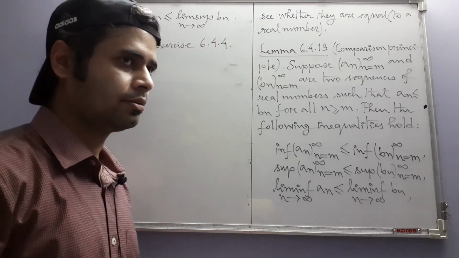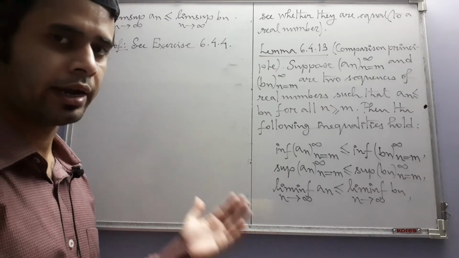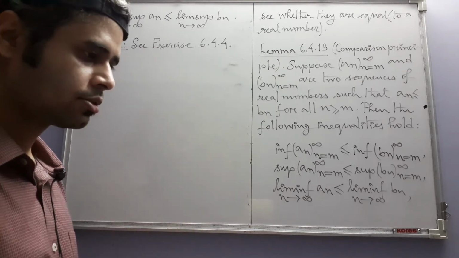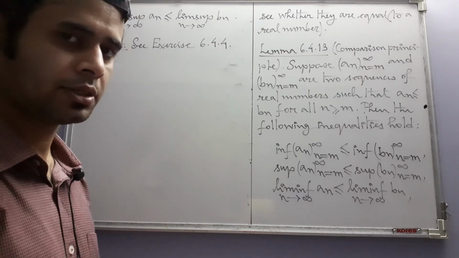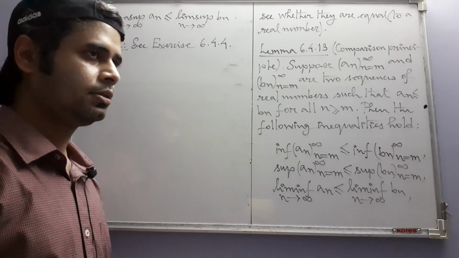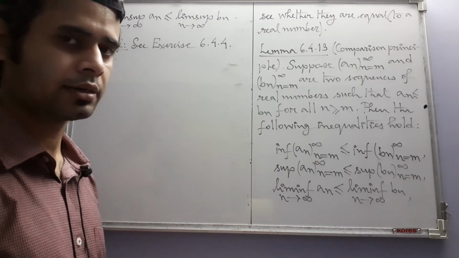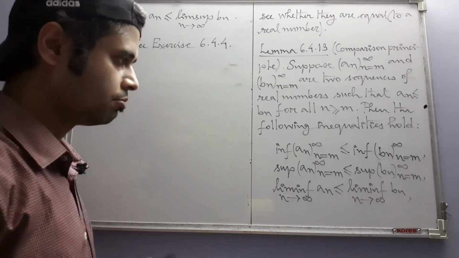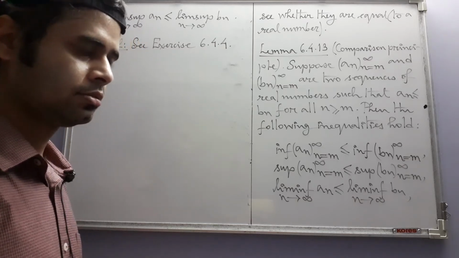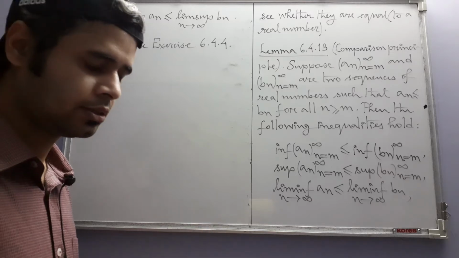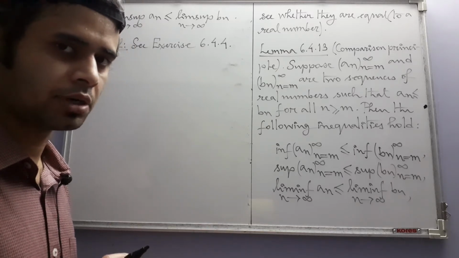Let me digress a little bit. When you are going through something, not just in mathematics but anything, there are two different ways of looking at things. One is your global way, which gives you a bird's eye view of the entire thing.